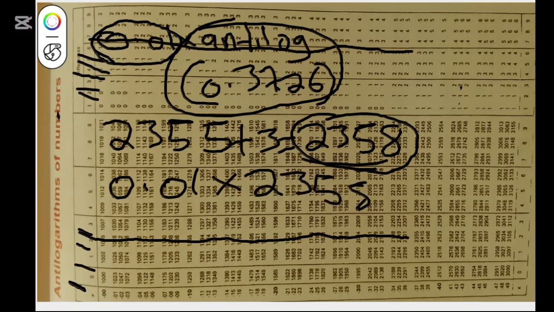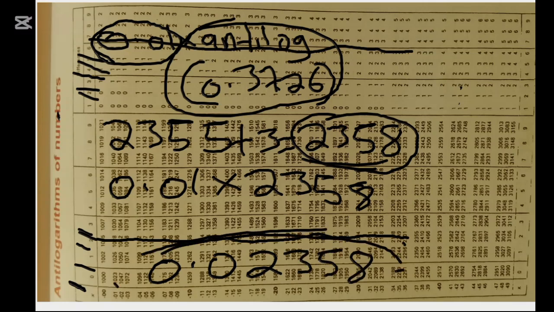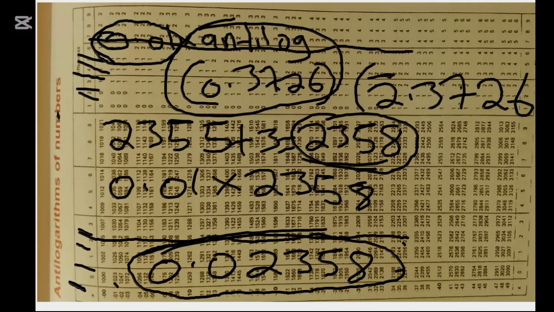If you multiply this in your calculator, at the end, the final solution will be 0.0235, which is the antilog of the question that we were given. This is the actual question, 2 bar 0.3726. So this is the question, this is the answer.